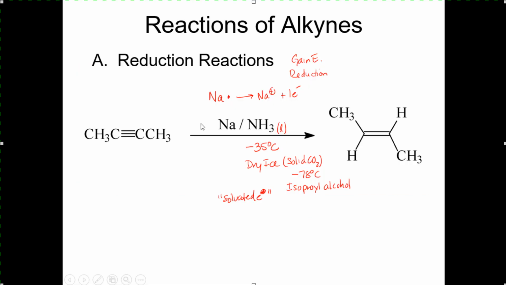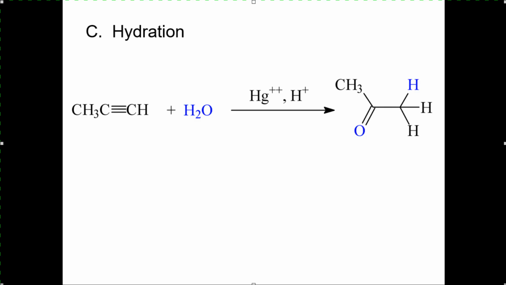And finally, if you want to make the trans alkene, go ahead and use sodium and liquid ammonia. We've got a lot of variations here, which is important because in order to do the maximum number of reactions, I need to know all the reactions to make the maximum amount of molecules that I can make.